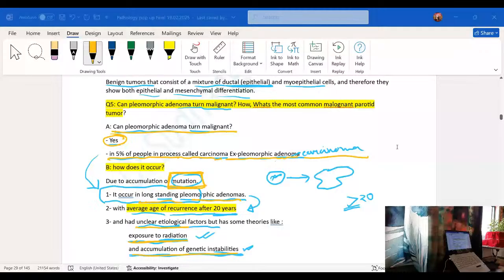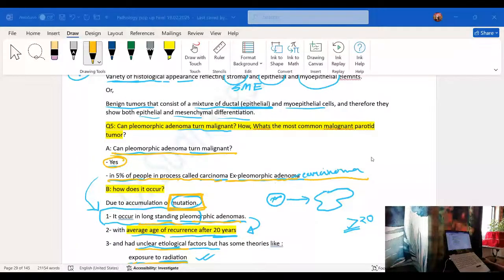So in 5% it can progress to carcinoma, by accumulation of mutations, if it persists for a long duration, and other factors like genetic susceptibility and radiation exposure.